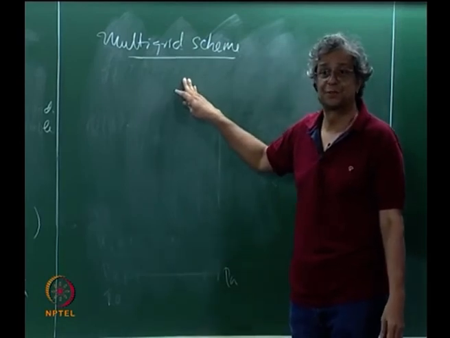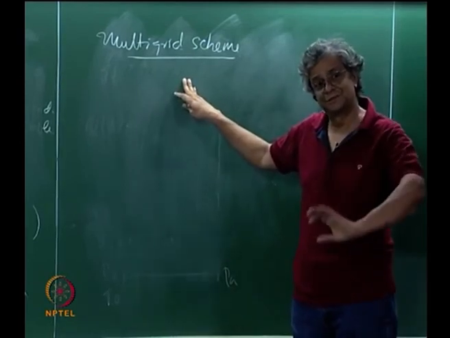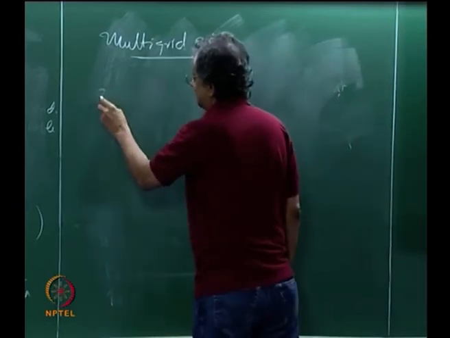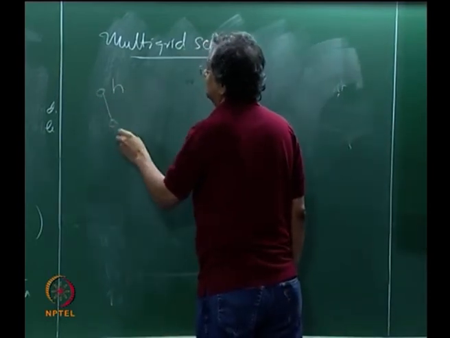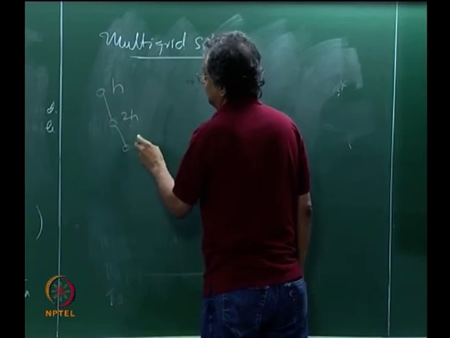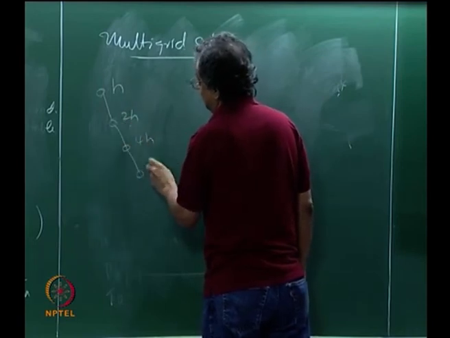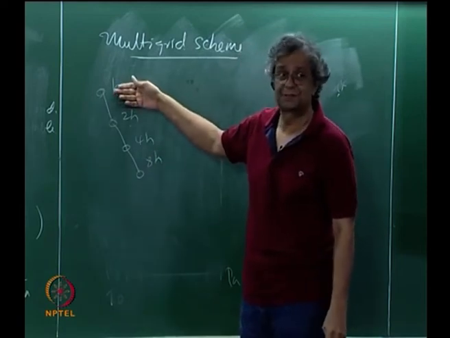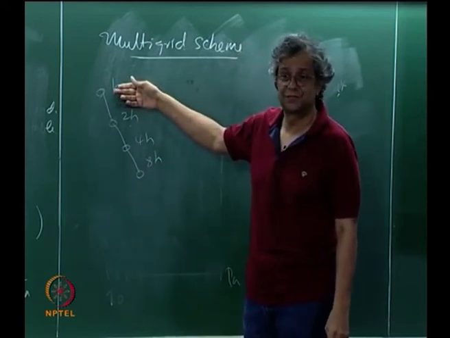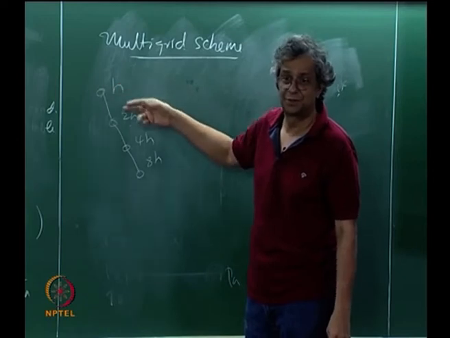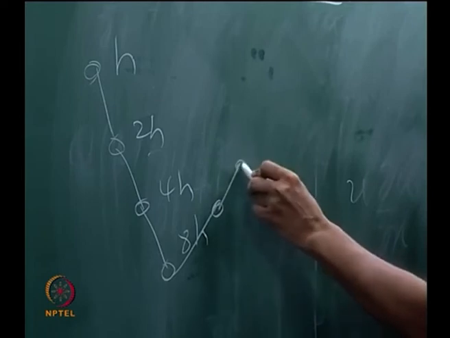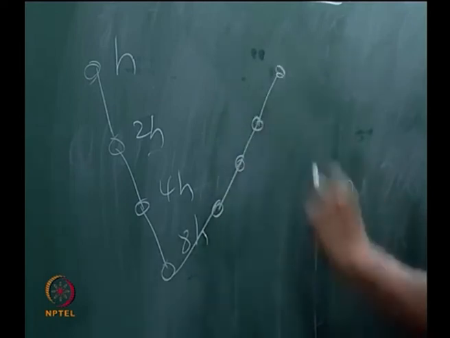So what you basically do is you use grids of different sizes, h, 2h, 4h, 8h, and you transfer the residue. This is the critical part. You transfer the residue from the fine grid to the coarse grid, and you transfer the correction from the coarse grid to the fine grid, okay.